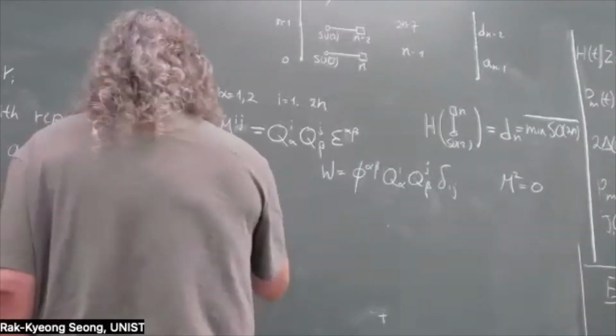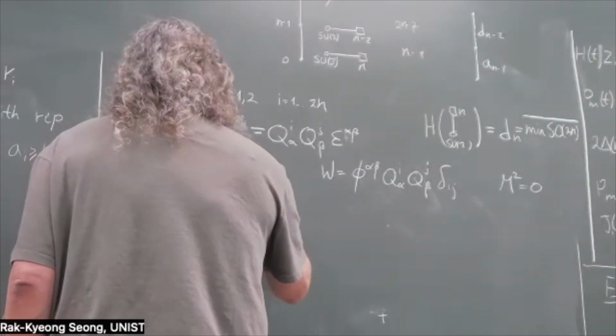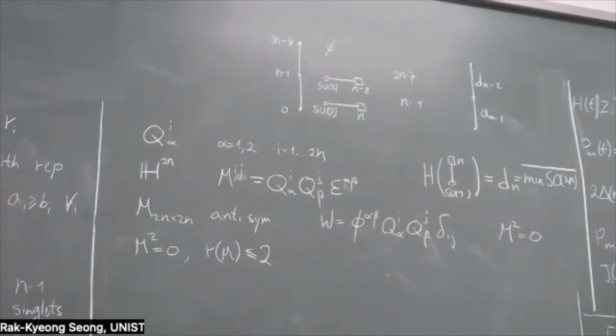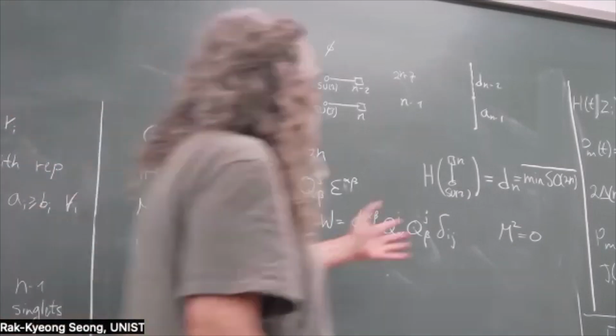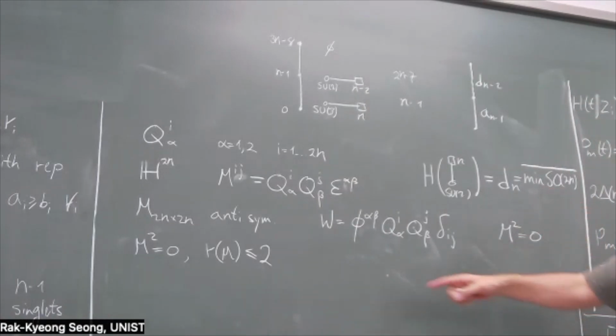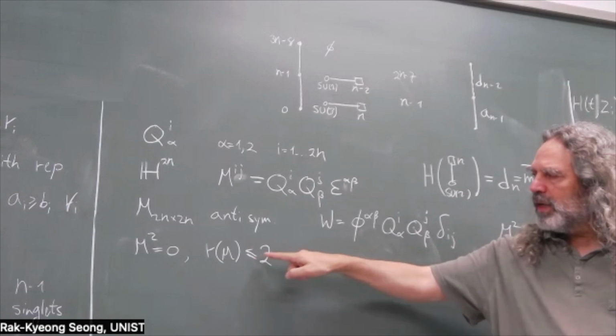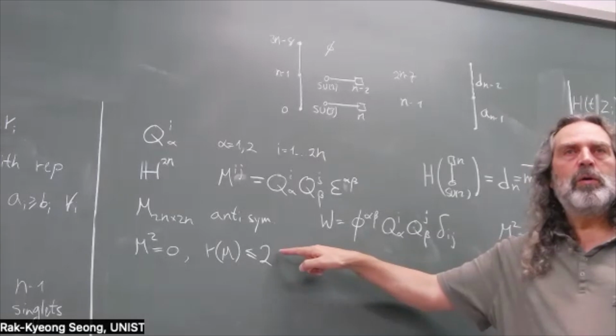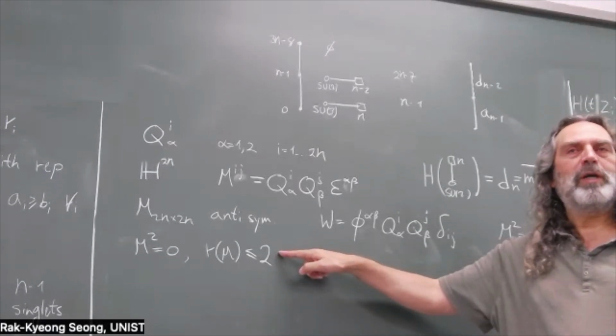And the rank of M is at most 2 because I use a 2 by 2n matrix in order to construct it. This is the minimal nilpotent orbit of SO(2n). Now, if I remove this restriction, the rank here can have two choices. Be either 0 or 2. Cannot be 1. Why is that?